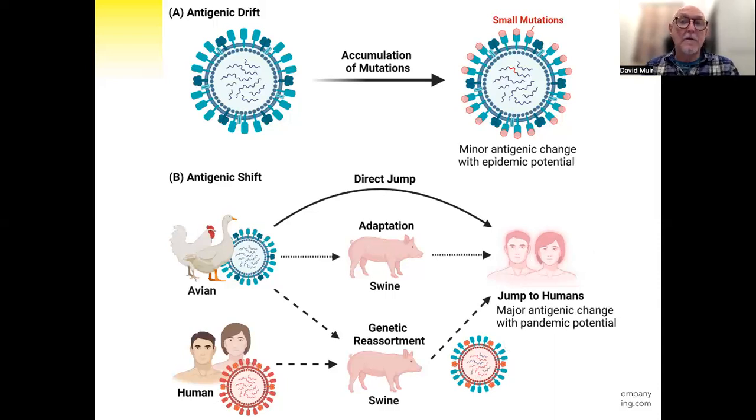And the greatest of all of those epidemics was 1918. That epidemic resulted in millions and millions of deaths, far more deaths than COVID-19, and was a major event on a global scale that rivaled the COVID-19 epidemic.